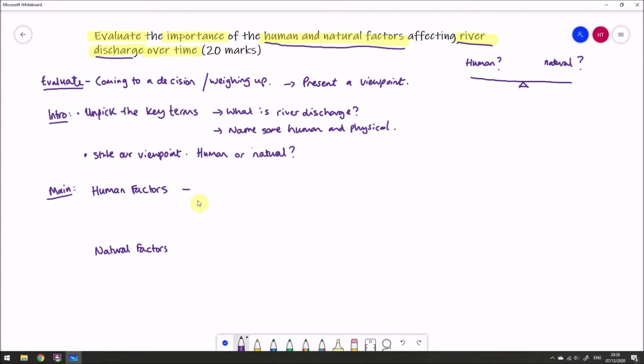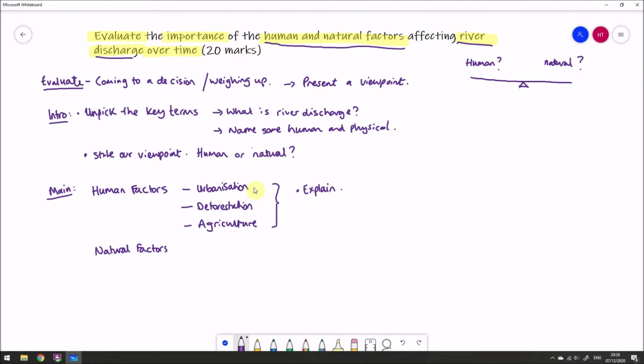So human factors, you might think about things like urbanisation, or you might consider the role of deforestation, or you might consider agriculture. And within your points about each of these things, you want to make sure that you are giving good explanations.